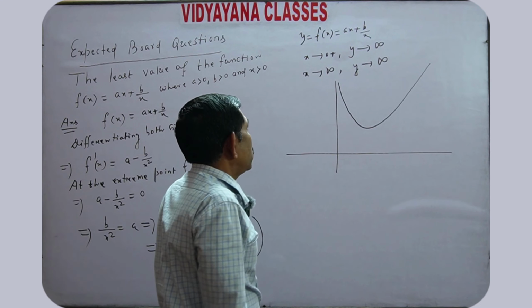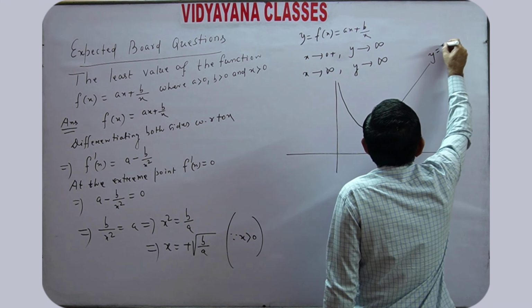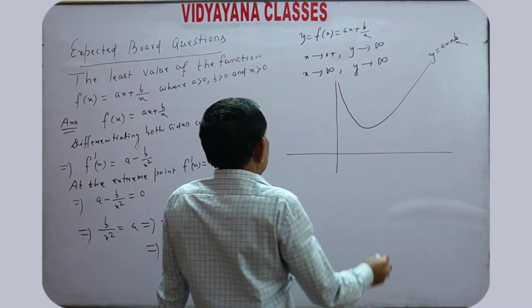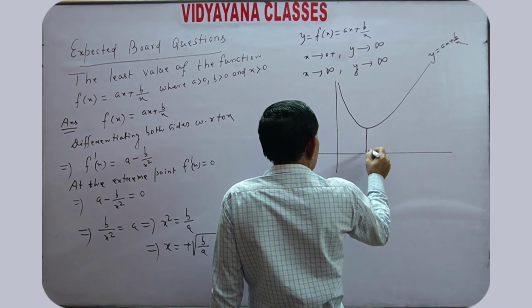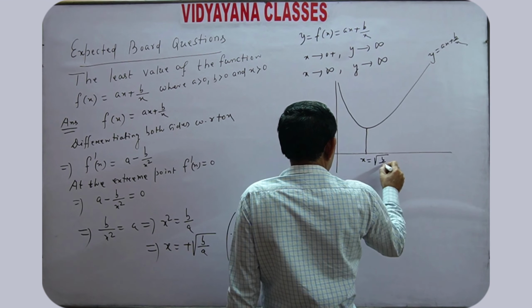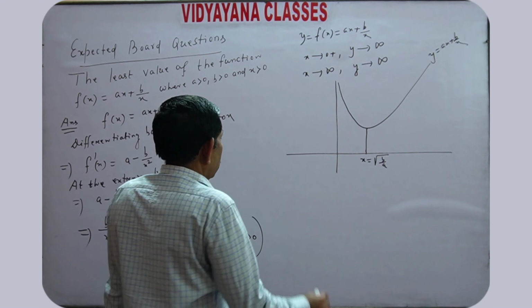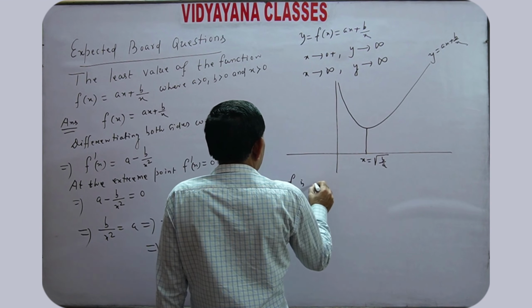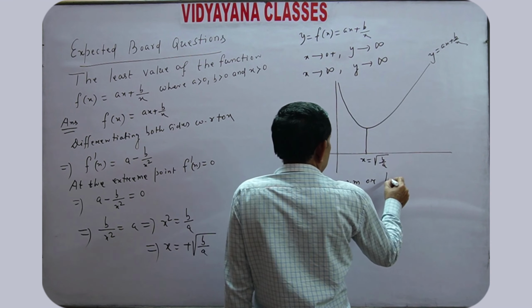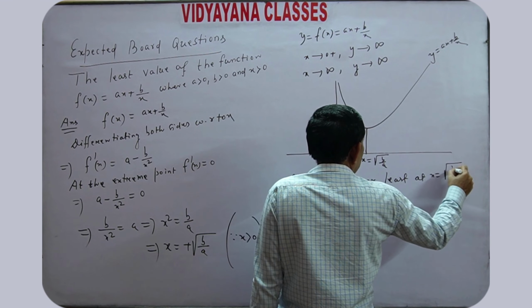It is the graph of the function y is equal to ax plus b by x. At x is equal to positive square root of b by a, f is minimum or least.